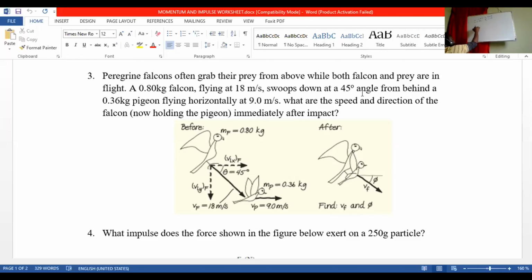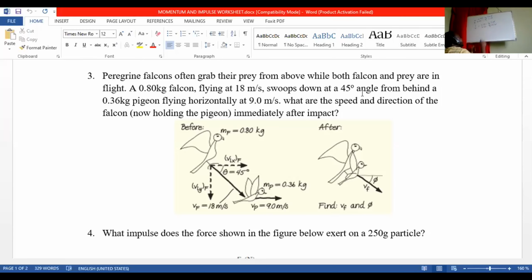So 8.78 over 12.26 equals VF sine theta divided by VF cos angle.